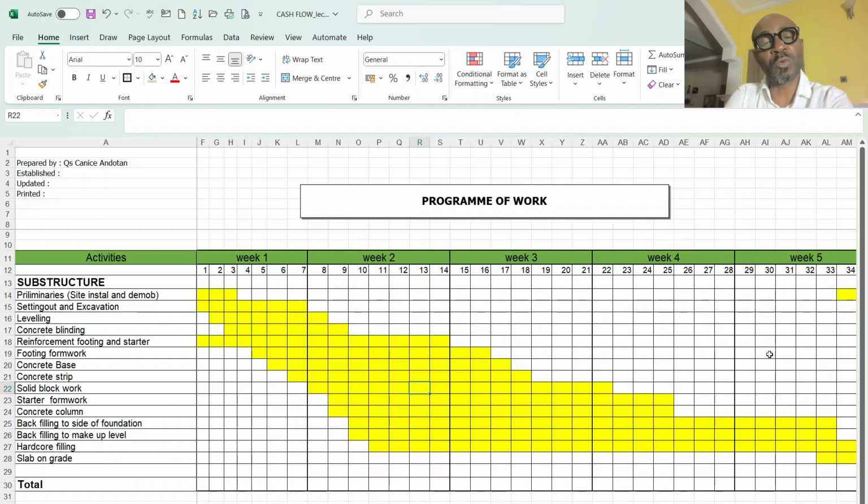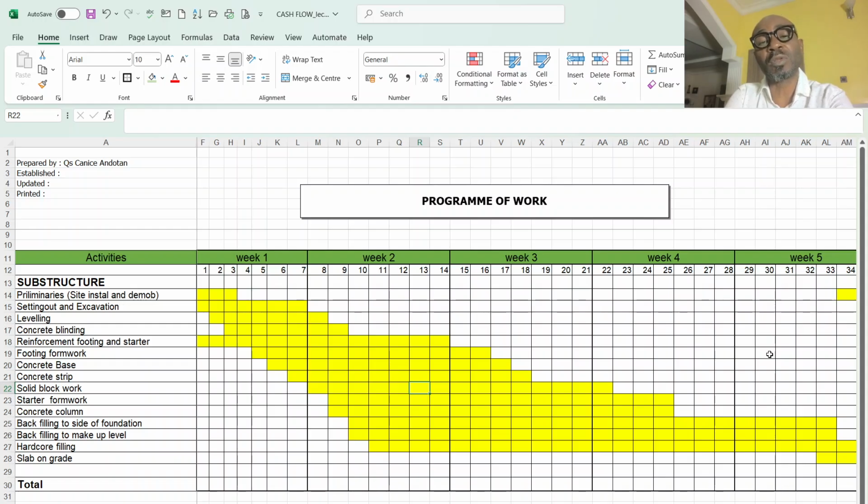Because if this document is not available, this might lead to disruption during the construction phase, where there will be no fund for the execution of the job. That will lead to delay, and the company might be penalized based on the condition of the contract.